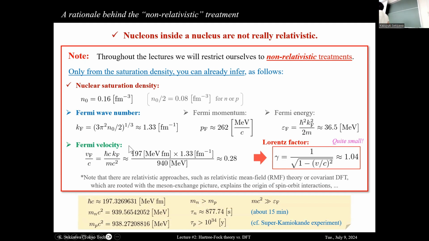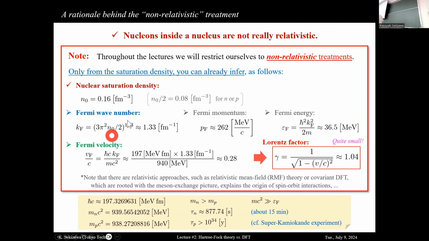I'd like to mention here that last time I said this factor 1/2 is related to the spin degrees of freedom. But actually this is not just because of this.